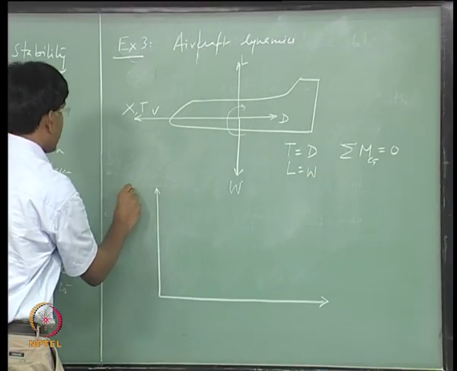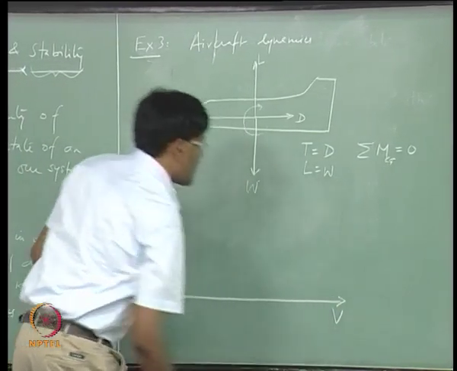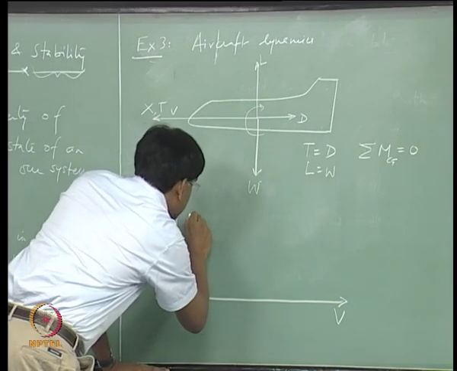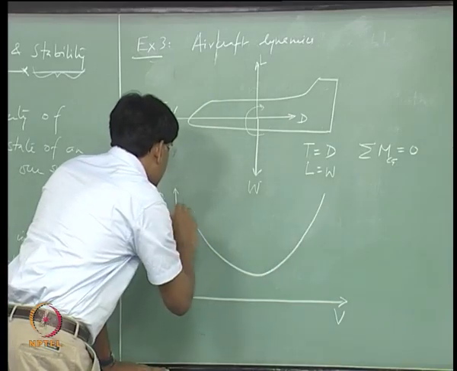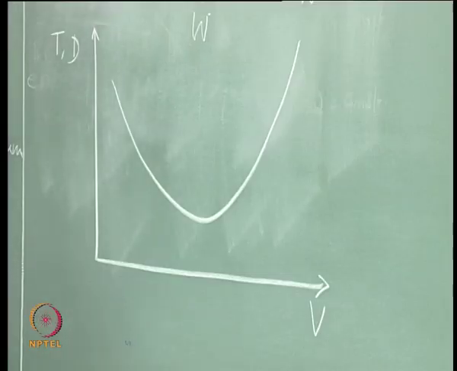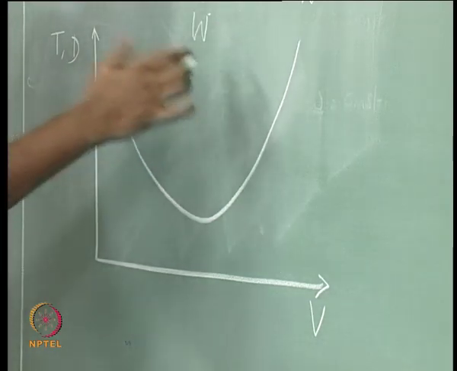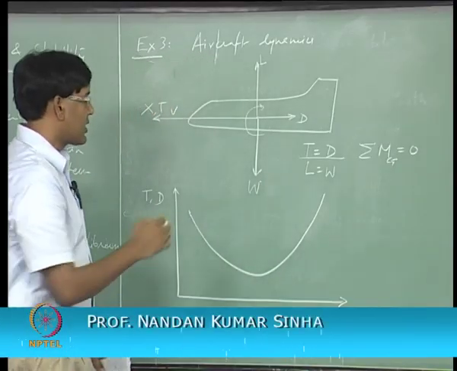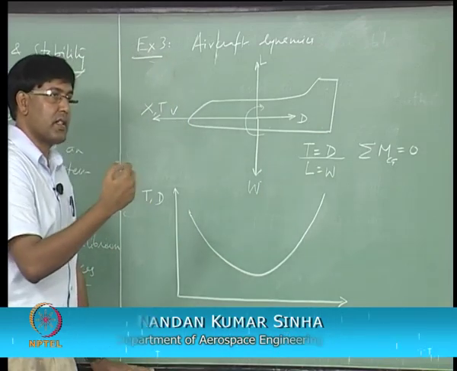So, here we plot thrust and drag versus speed of aircraft. Drag profile is parabolic, and this drag has to be overcome according to this equation. So, the thrust available should be able to overcome the drag.